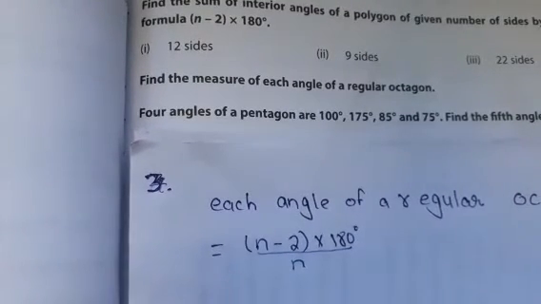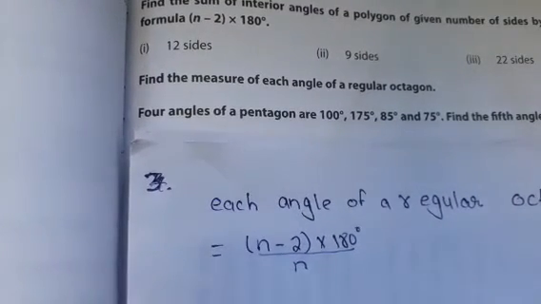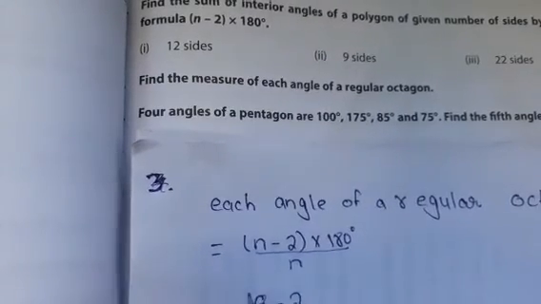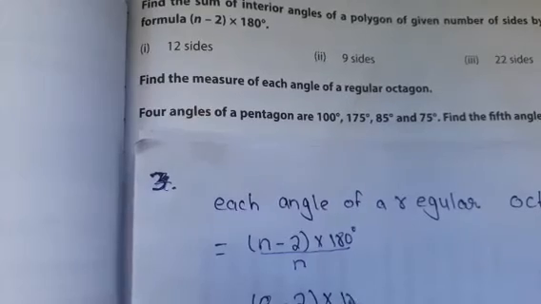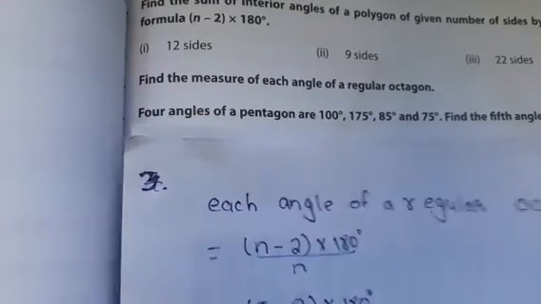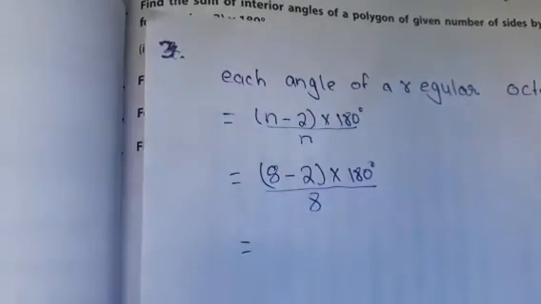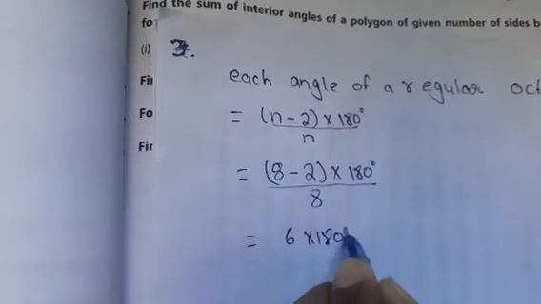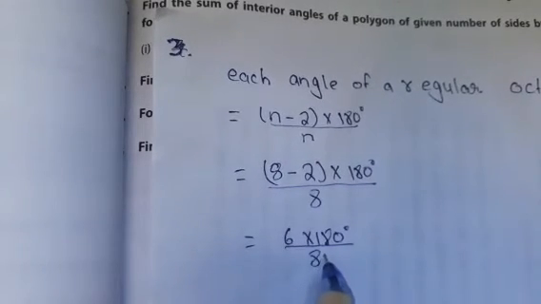Now put the sides. An octagon has 8 sides. So (8 minus 2) into 180 degree by 8 is equal to 6 into 180 degree by 8.